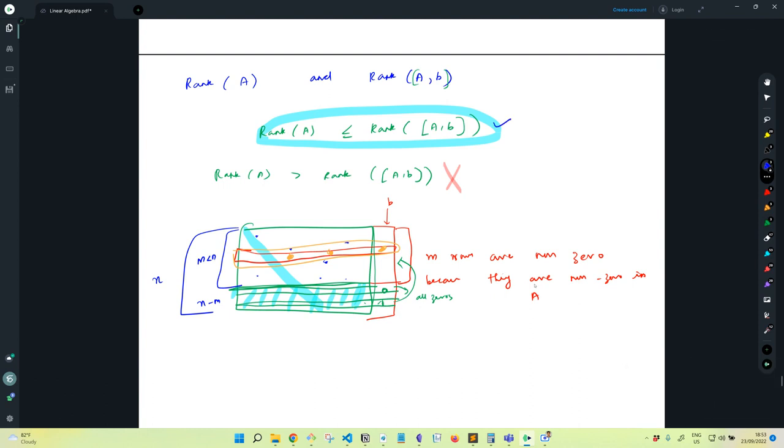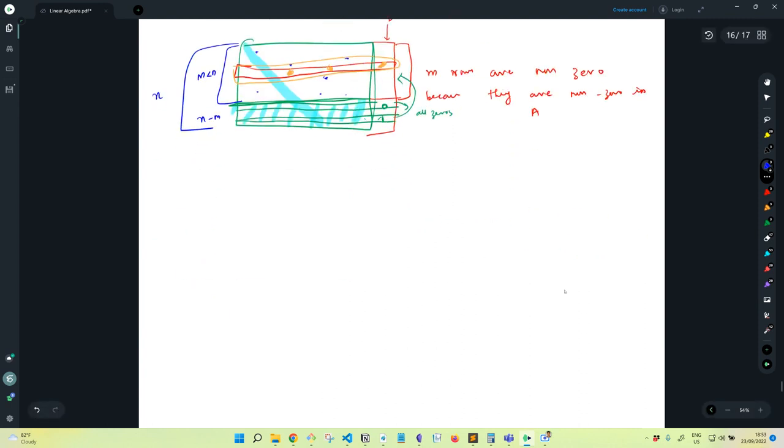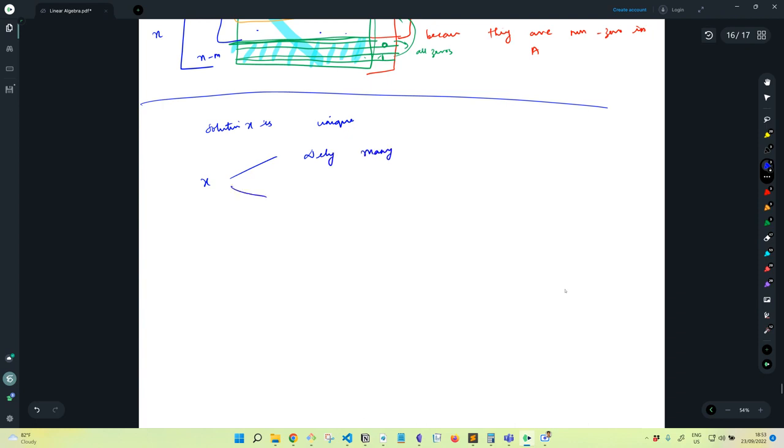So basically, this inequality is always true. Now, let me summarize the story so far. We know the condition when the solution x is unique. Now we need to find out when the solution x is infinitely many and when there exists no solution.